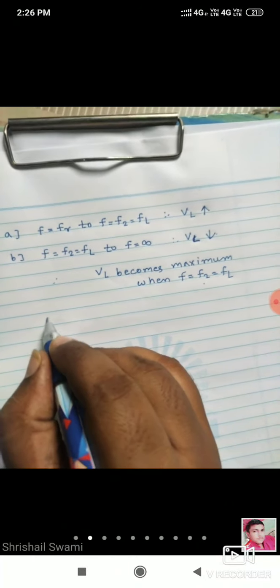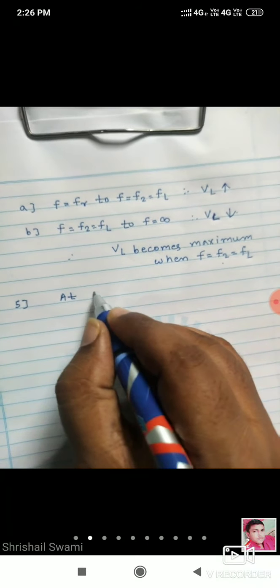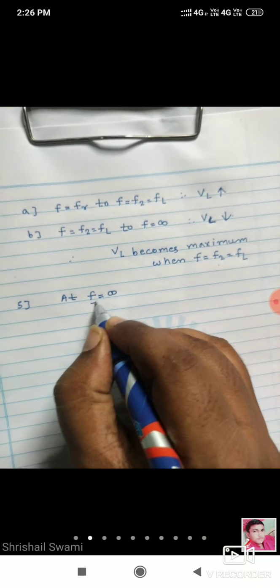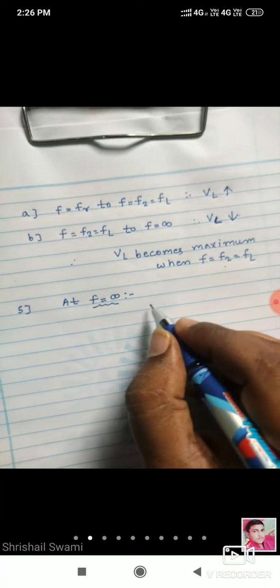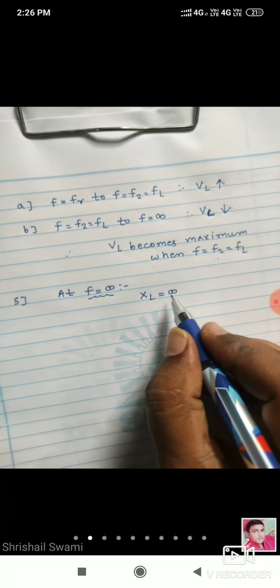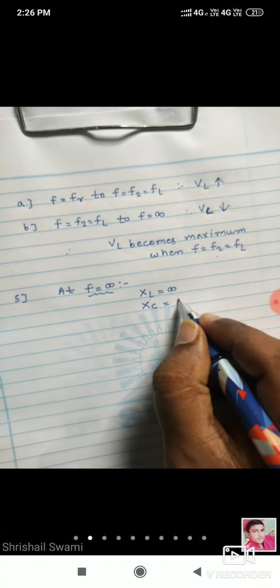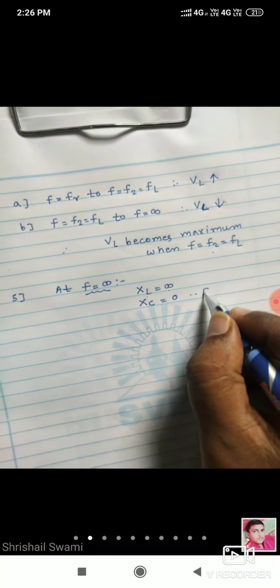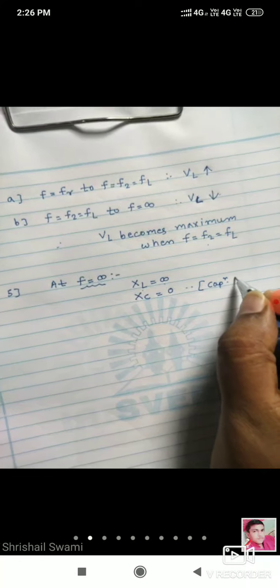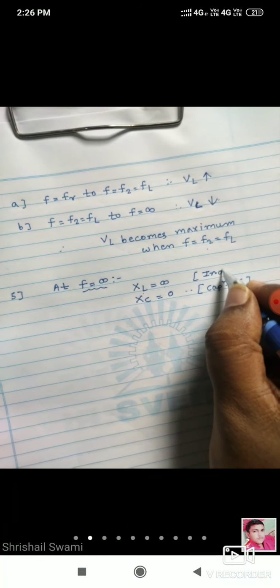Okay. Now the last point, that will be the fifth point. At F is equal to infinite, XL becomes infinite, since XL is 2 pi FL. If F is infinite, XL is infinite. What will XC be? 0. And 0 means the capacitor becomes short and the inductor becomes open.